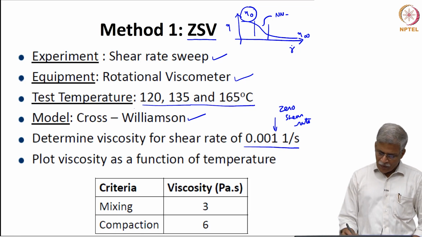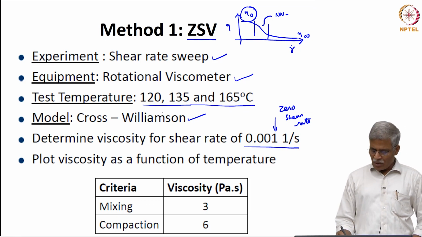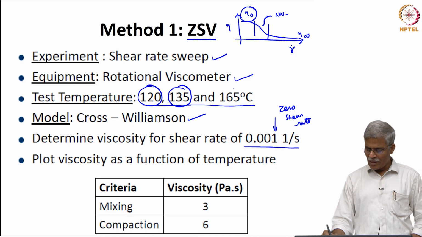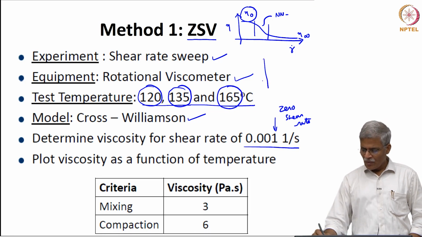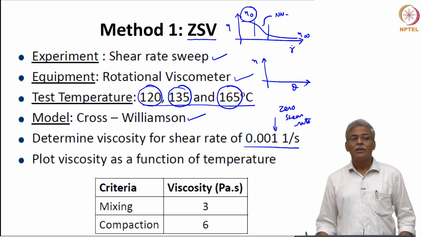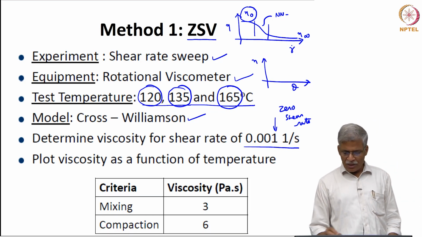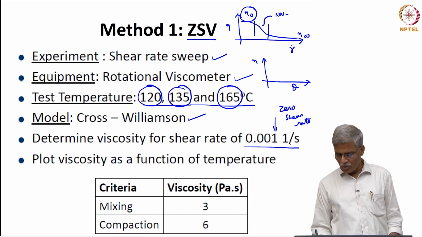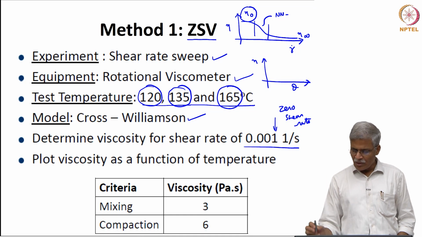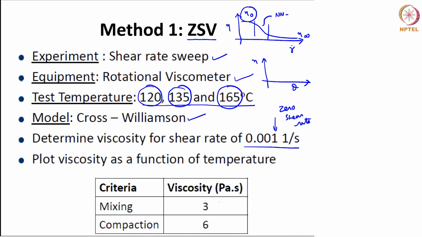So, we find out the model parameters separately for 120 degree centigrade, 135 degree centigrade, 165 degree centigrade, and then we estimate the viscosity at each of these for 0.001 reciprocal seconds, and then we plot viscosity as a function of temperature.